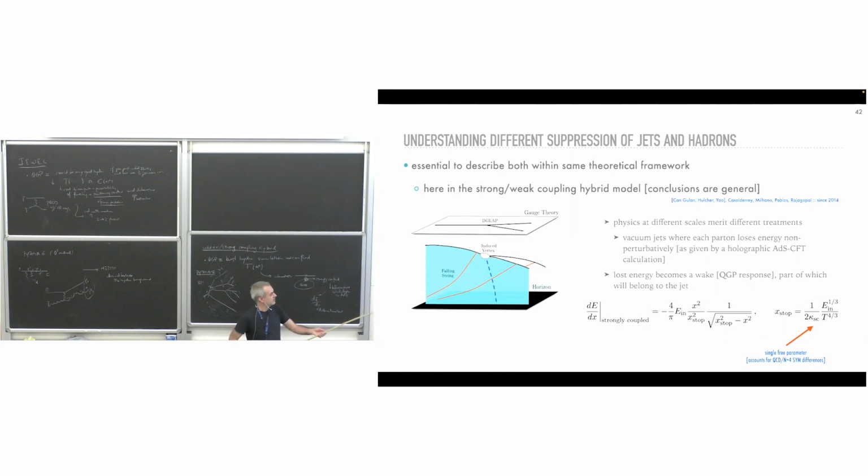This formula, which I did not write here, depends on the incoming energy. But the really important thing here is this X stop. So perturbatively, a propagating quark never loses all its energy, or loses all energy only in an infinite medium.